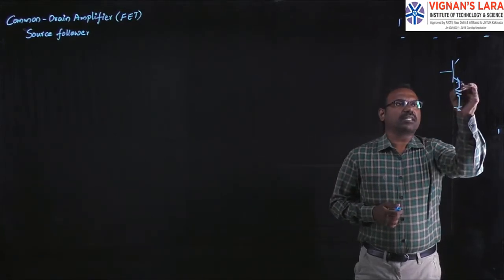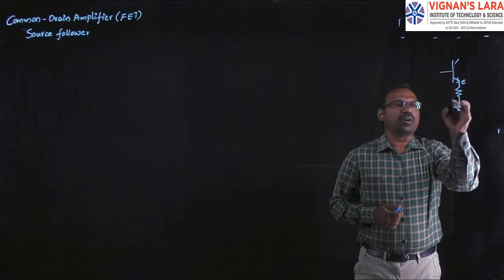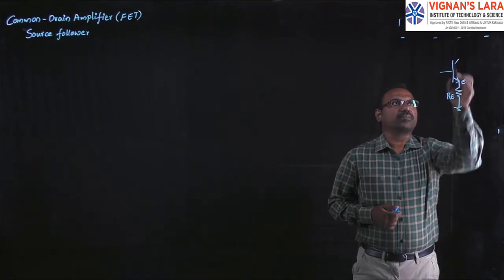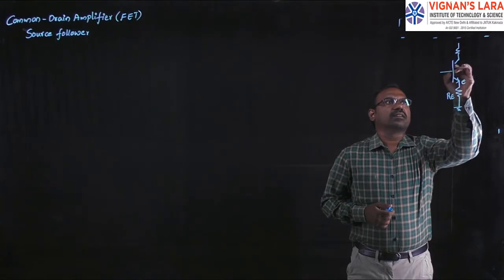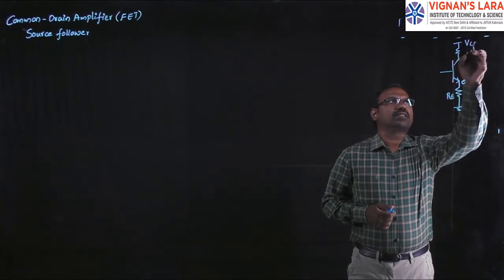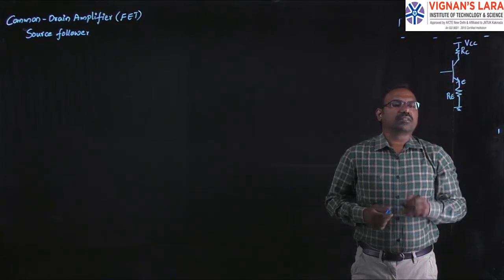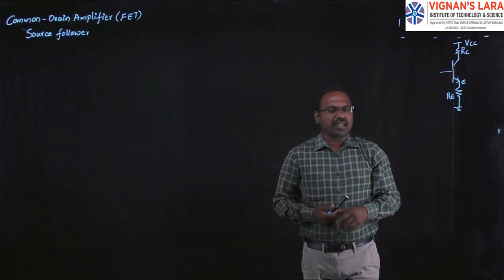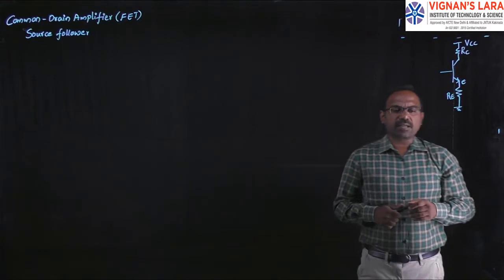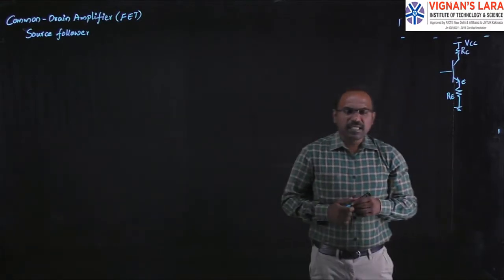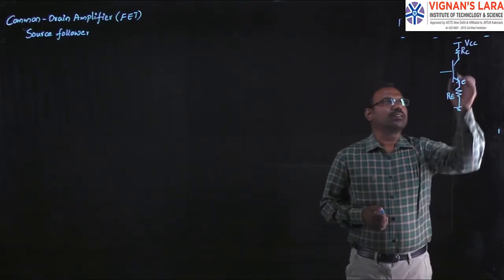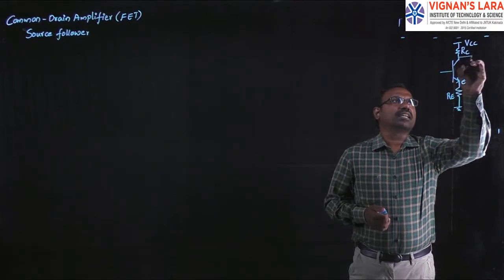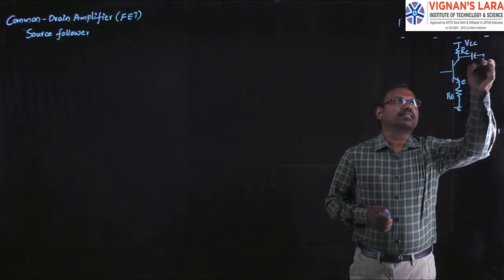Generally, the emitter is connected to the ground with a resistor RE, and the collector is connected to plus VCC through the resistance RC. And at the base side, we have a voltage divider circuit. Forget about that. But in a common emitter amplifier, the output is taken across the collector like this.